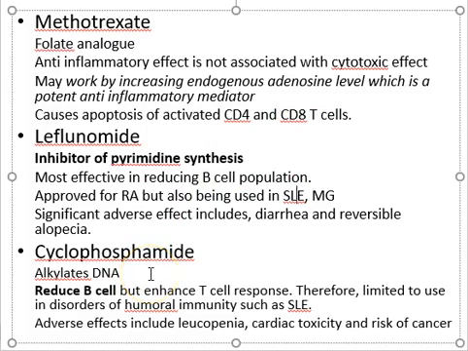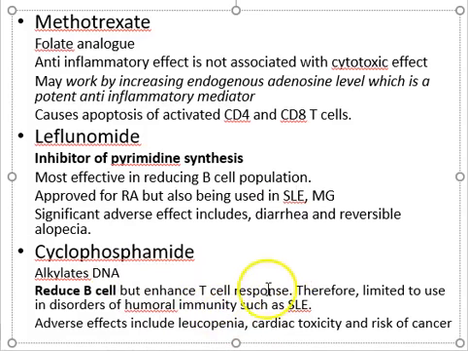Cyclophosphamide is your more potent chemotherapeutic drug that is immunosuppressive by nature. It alkylates the DNA. It gets incorporated into the DNA and reduces the structural stability of the molecule. This will again have a profound effect on B cells, but ironically, it enhances the T cell response.